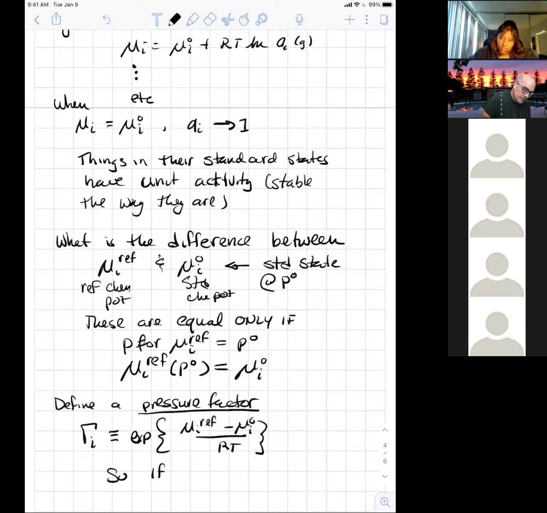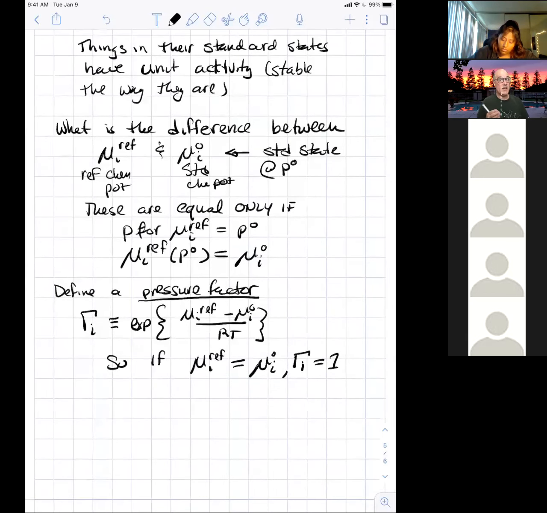So if the reference state equals the standard state, this gamma is a unit factor and it has no effect on our thing. So we could write, for example, the reference is the standard plus RT log times this factor, right?